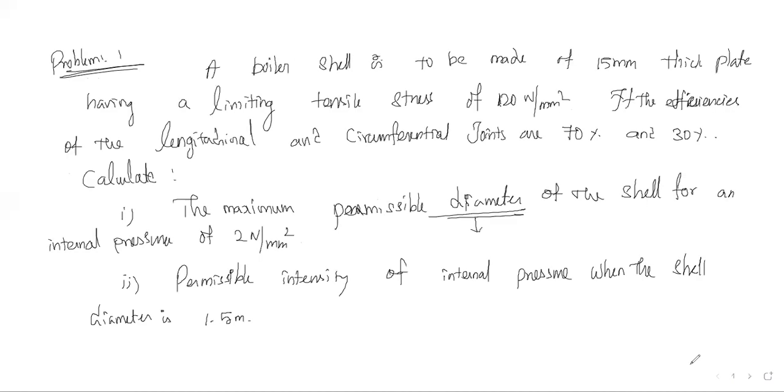Then the second question. Permissible intensity of the internal pressure when the shell diameter is 1.5 meter. So vice versa.